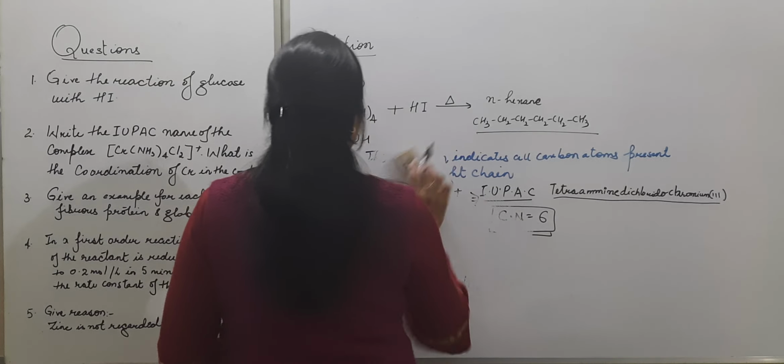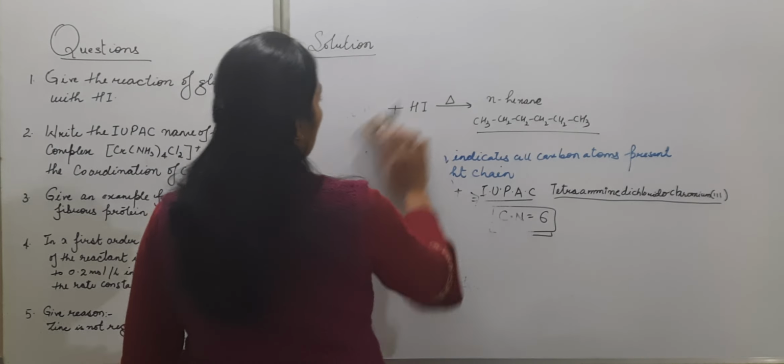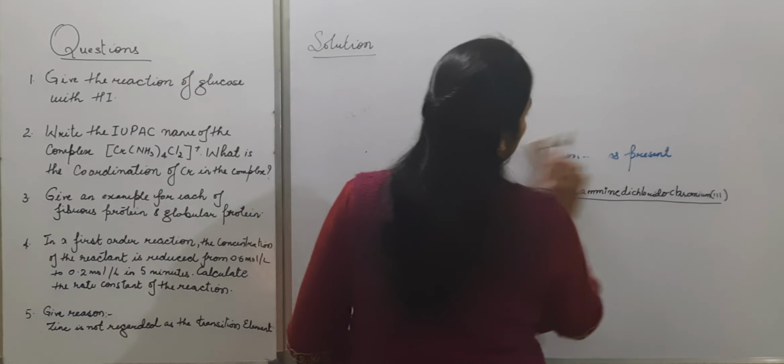So the fourth question is saying, see the pattern: when we attempt a 2 marks question, we are not crossing the limits, we are not writing more than 2 or 3 lines, because it is a 2 marks question.